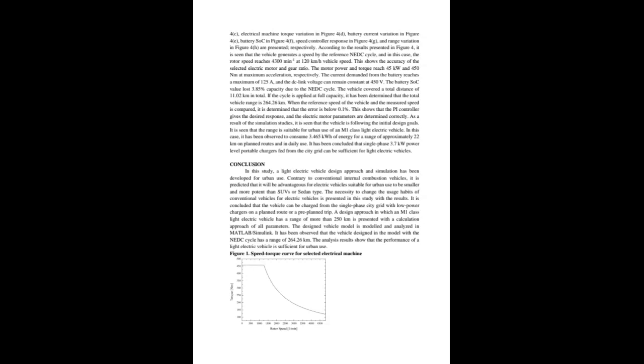You can see here that my motor is operated up to 4,800 RPM, revolutions per minute. This is my speed range. Also, I have the torque axis. This is my continuous torque operation region.